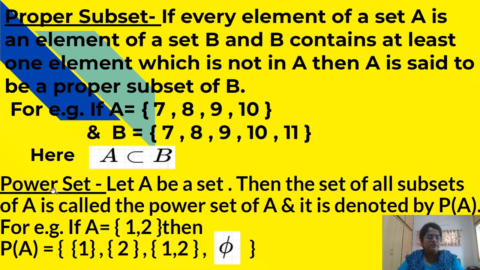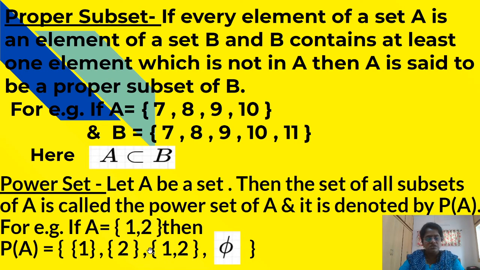Now we will see the definition of power set. Let A be a set, then the set of all subsets of A is called the power set of A, and it is denoted by P(A). See one example. If A = {1, 2}, then the power set of A is equal to the set {{1}, {2}, {1, 2}, and last is empty}.